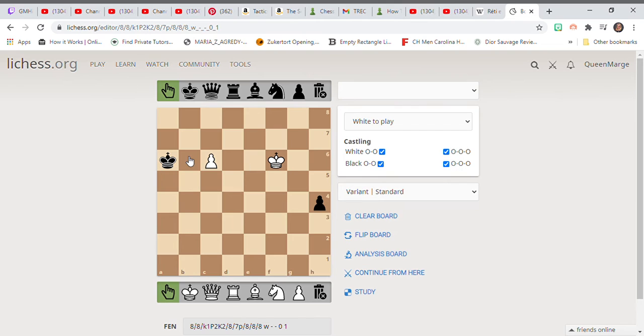So let's say if he goes here, you can still go here. Okay, you're still maintaining some distance. Okay, let's see if he takes the pawn. Then you know you're not going to have to concentrate on that pawn anymore, and you are going to have to move in.